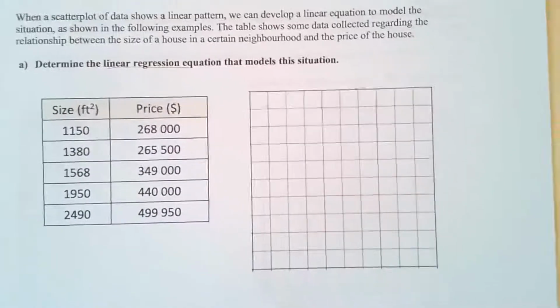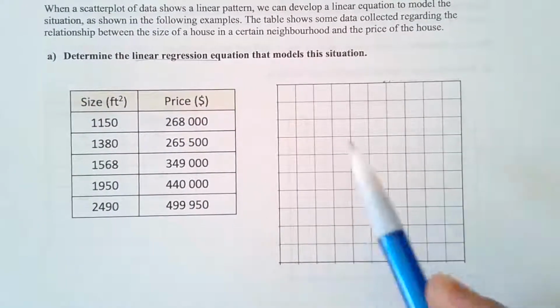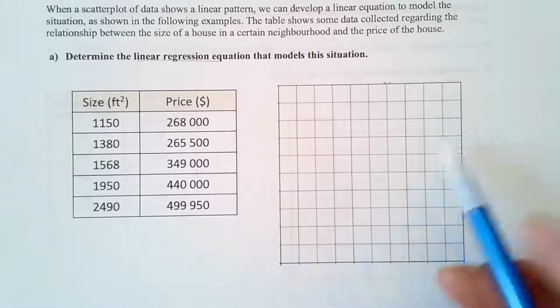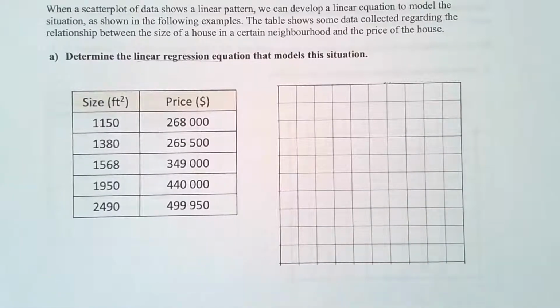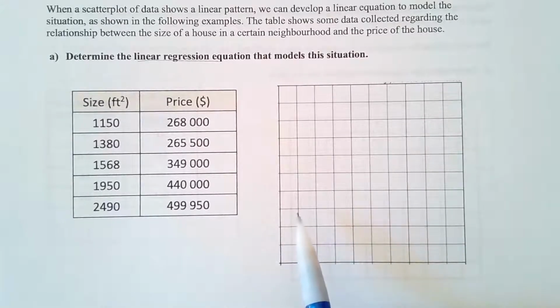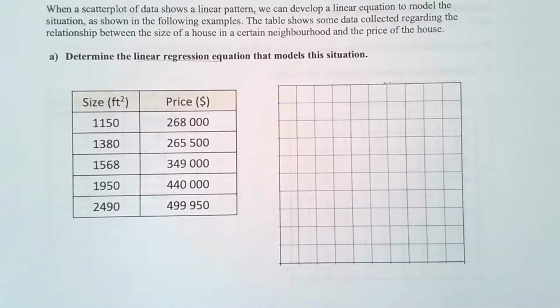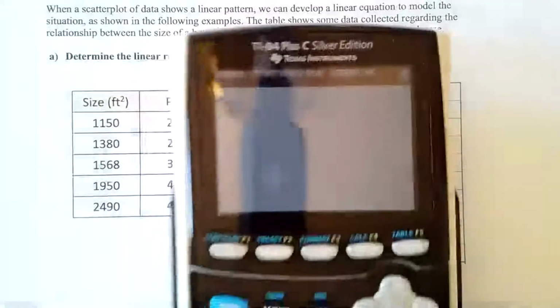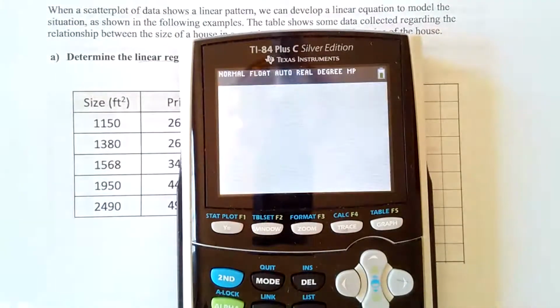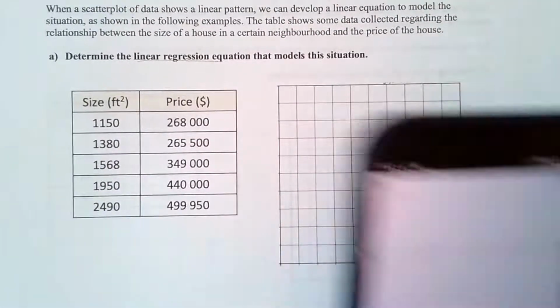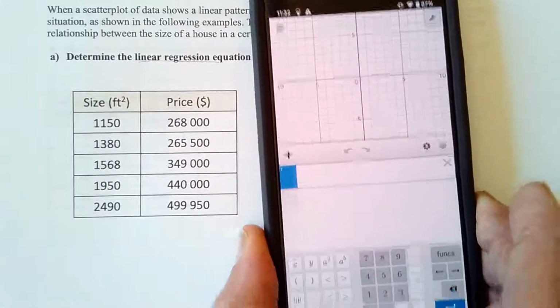But what I'll do first today is construct the line of best fit on this graph paper here. Then I'll show you how to use the graphing calculator or Desmos to find the linear regression equation. I will not be able to find it accurately using my graph, but I'll find it more accurately using the graphing calculator or Desmos. Either one will give us the same result.